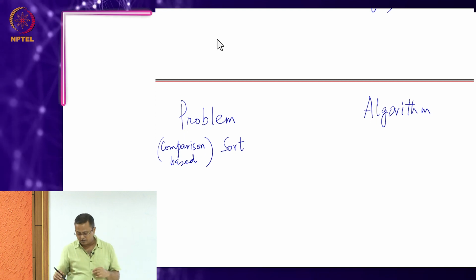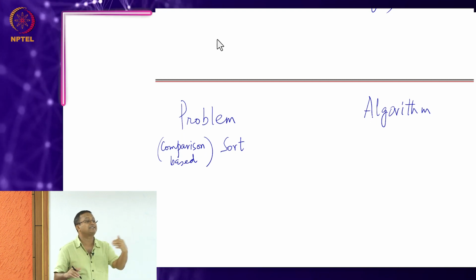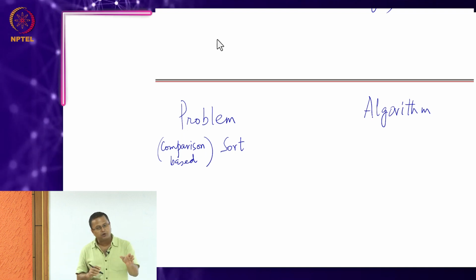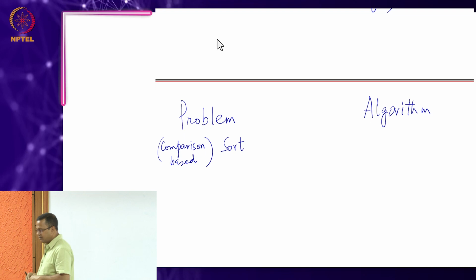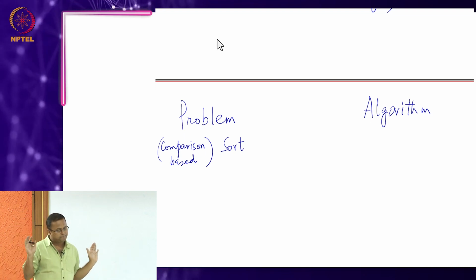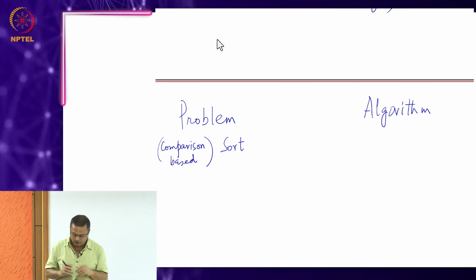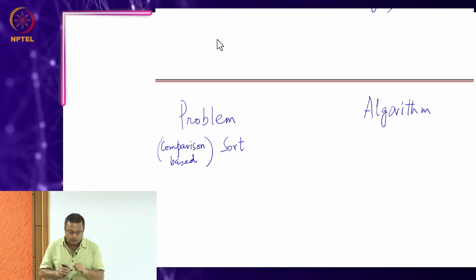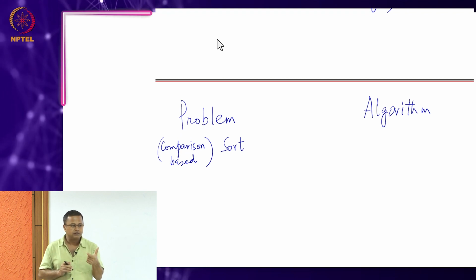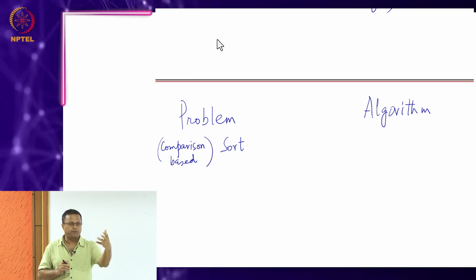So, that is the reason your number of swaps never exceeds your number of comparisons. So, you measure the number of comparisons asymptotically and you think you are done, fine. Now, coming back to this, I need to model a machine which has the power to compare.